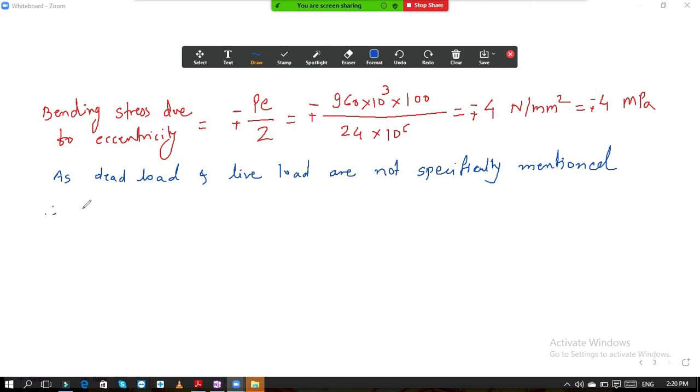Therefore, assume live load is equal to 16 kilonewton per meter. Okay, this is your live load.